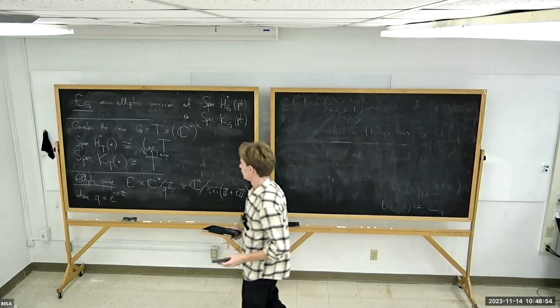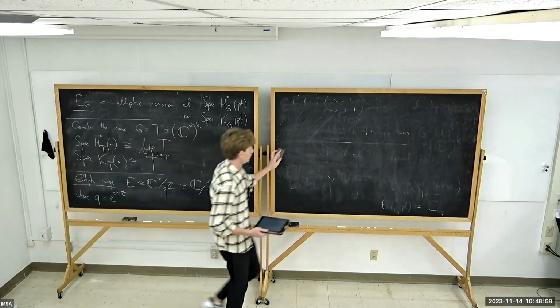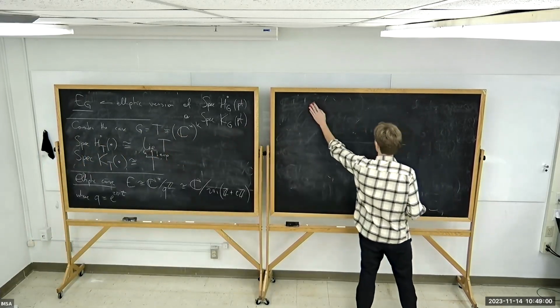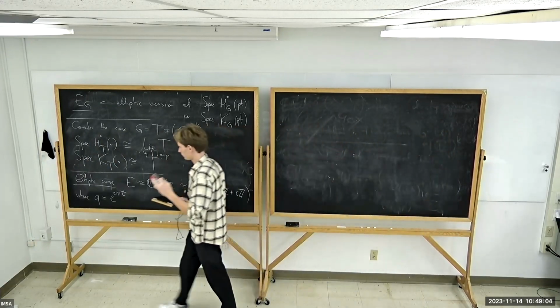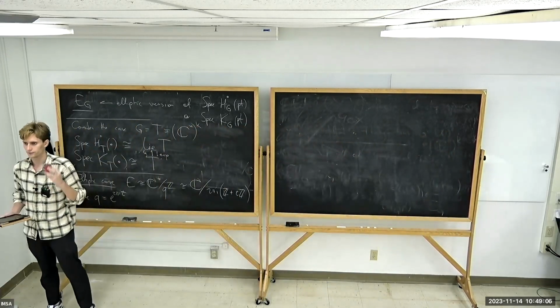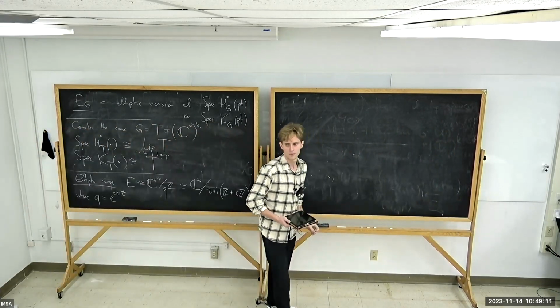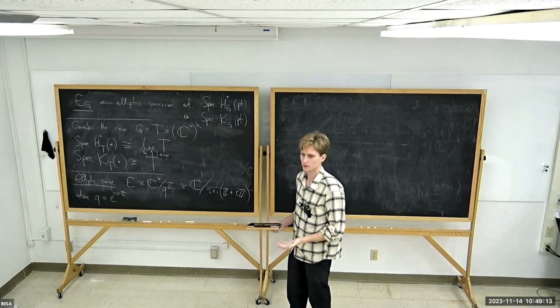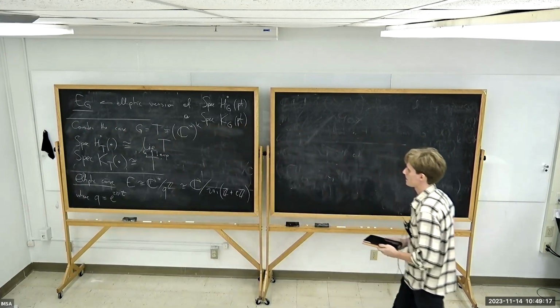Right, we can just fix tau, because this story is true for every elliptic curve. So one can just fix it. I'm going to think of q as a formal variable.